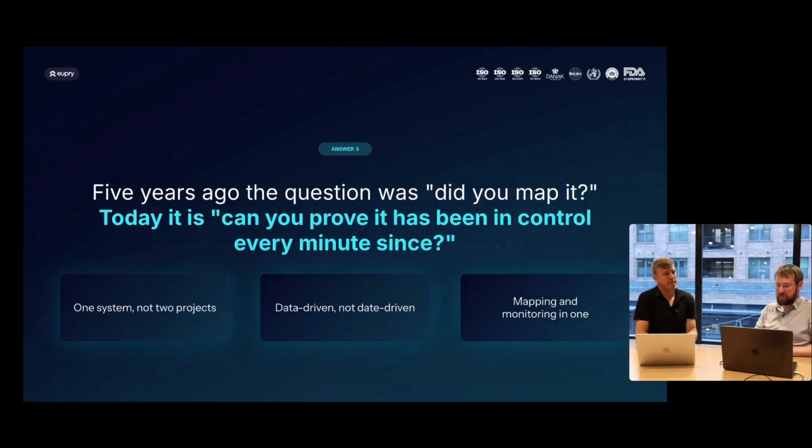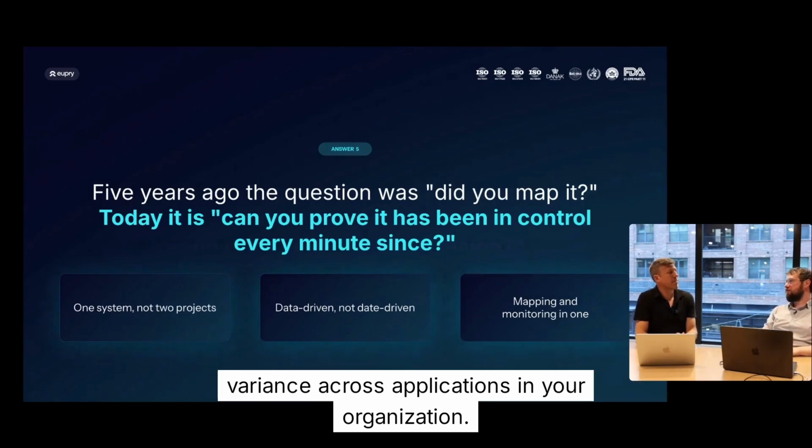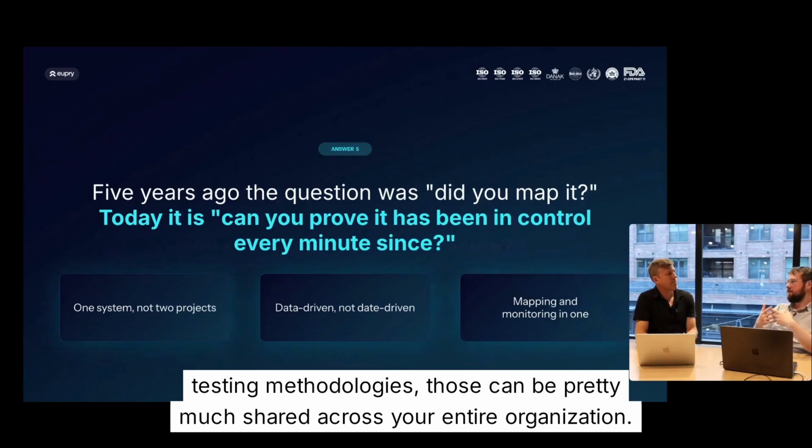So when you have something simple as fridges, for example, those tend to not have a great variance across applications in your organization. So the general approach to how you define the requirements, how you define the testing methodologies, can be pretty much shared across your entire organization.